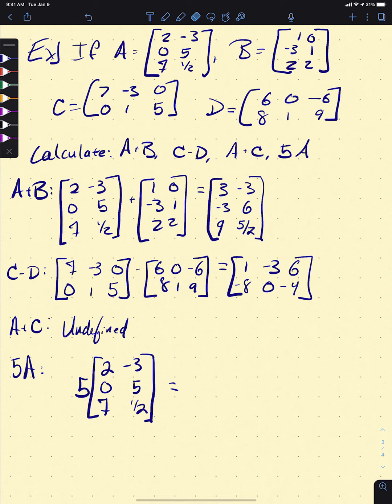So we have 5 times 2 is 10, 5 times negative 3 is negative 15, 5 times 0 is 0. Looks like we have 25, 35, and 5/2. Okay, nice and simple. That is our result.